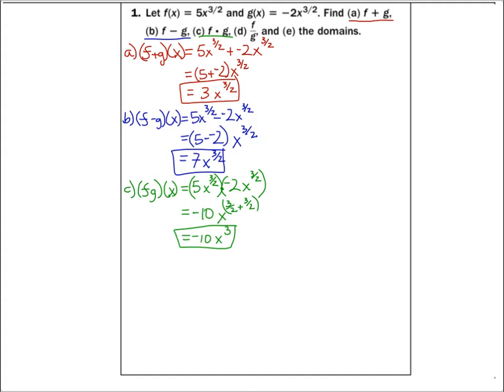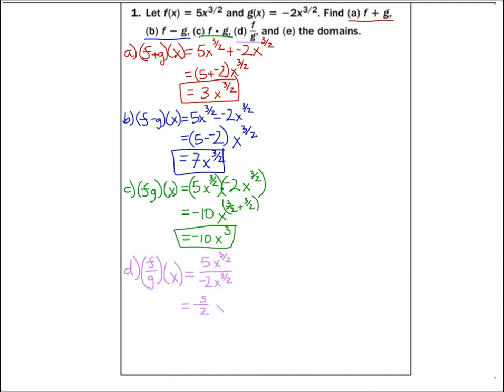D is this question about dividing, or this quotient function, f divided by g of x. So let's do that. F divided by g of x, you end up with 5x to the 3 halves divided by negative 2x to the 3 halves. And so, 5 divided by negative 2 is negative 5 halves. That's just the coefficients.